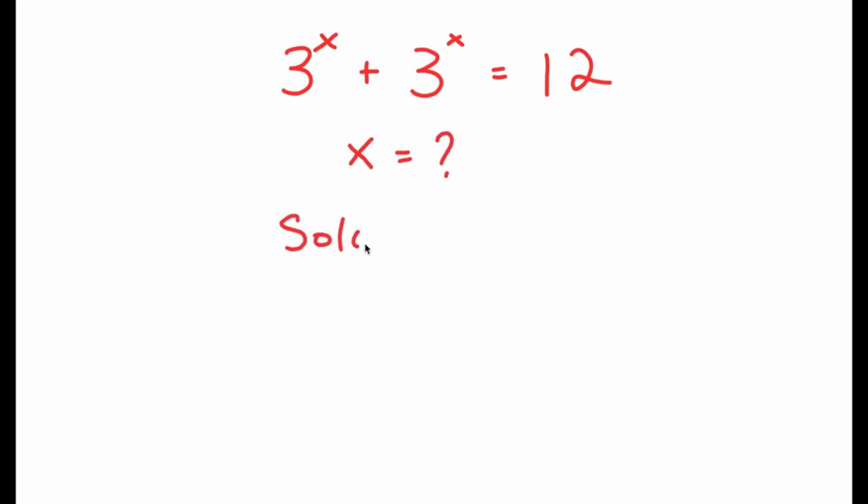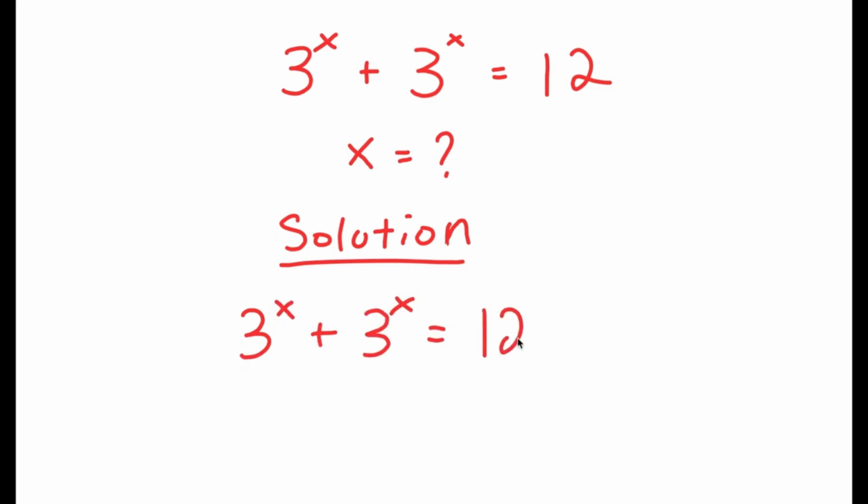Alright, so in this video, I'm going to solve the equation 3 to the power of x plus 3 to the power of x is equal to 12. So my only variable in this equation is x, so that's the variable I'm going to be solving for. And now for my solution. So I have 3 to the power of x plus 3 to the power of x is equal to 12.